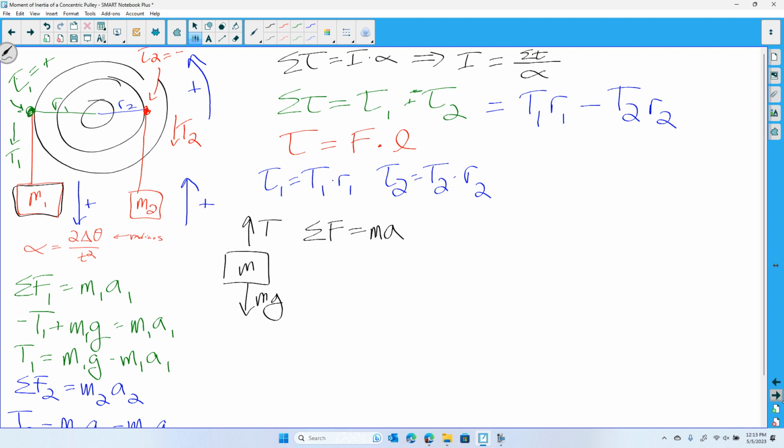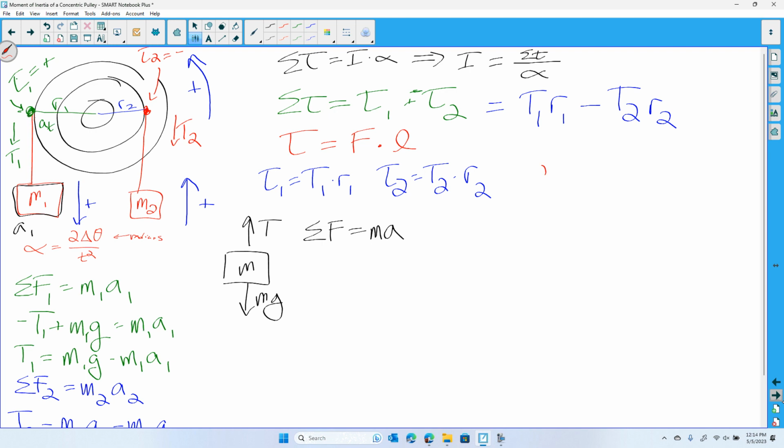The acceleration of this object is going to be equal to the tangential acceleration at the point where the string is attached. And the tangential acceleration of that point is related to the angular acceleration of the wheel itself.